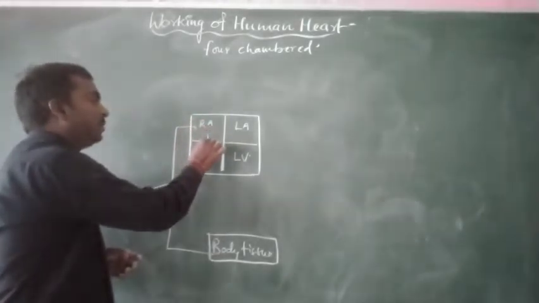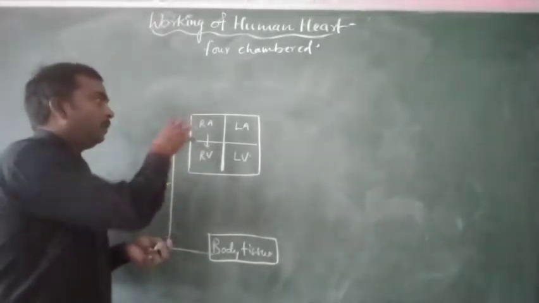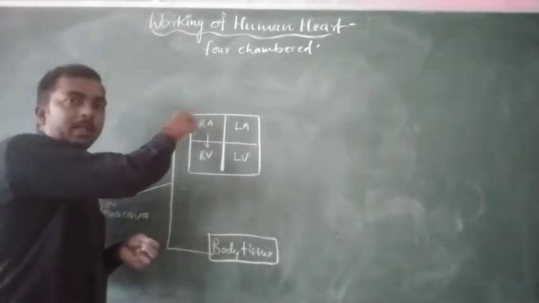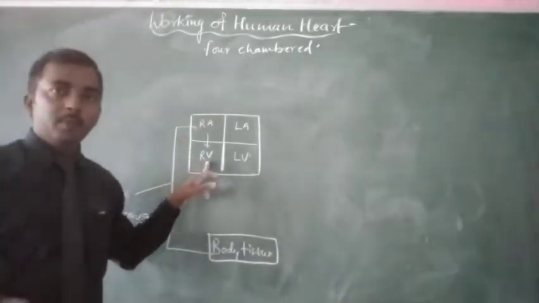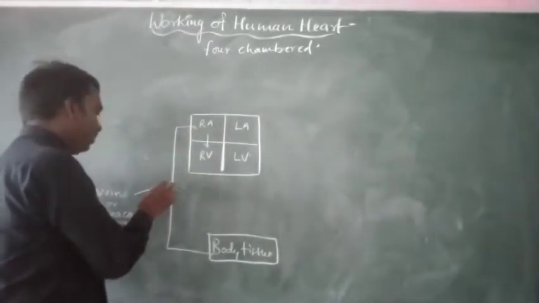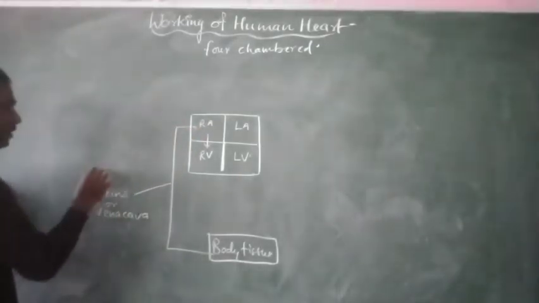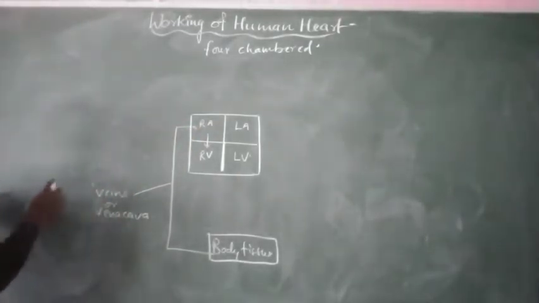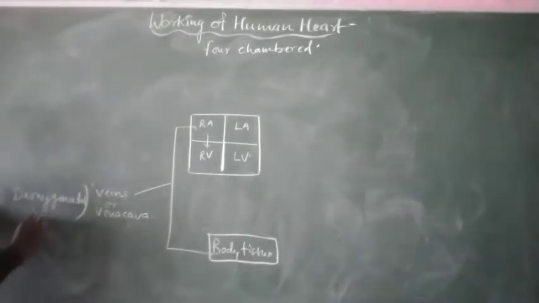and then it pumps to the right ventricle. Due to the contraction of the right atrium, the blood is transferred to the right ventricle. The veins carry blood to the right atrium, and it is deoxygenated blood.